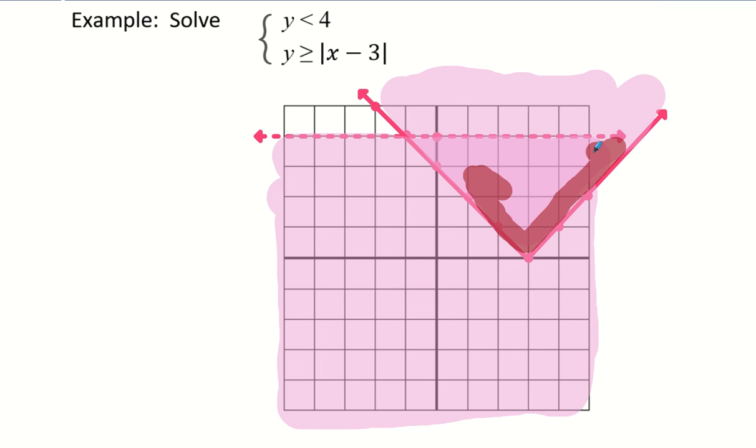So in here, going directly right and directly left on a mouse, or directly up, is really tough. Alright, so there's my final answer. Just the double shaded area, which you want to darken in.